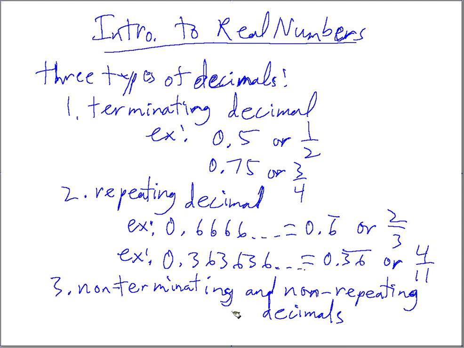What are some examples of that? Well, a famous one that you may already know is the number pi. This number is non-repeating and also non-terminating. It's a decimal that goes on forever, and it doesn't repeat.